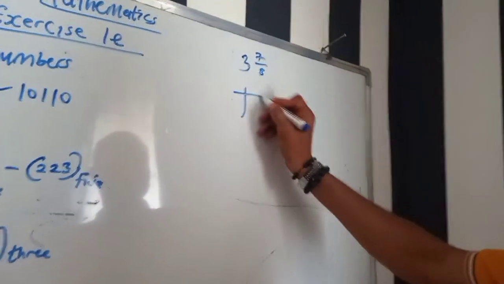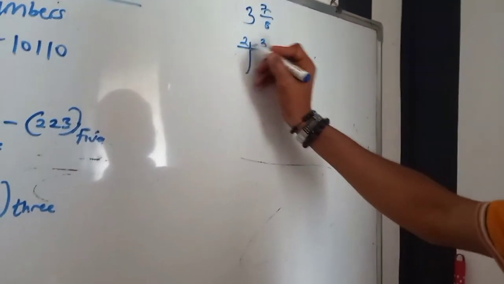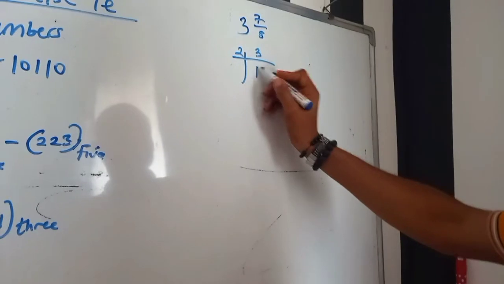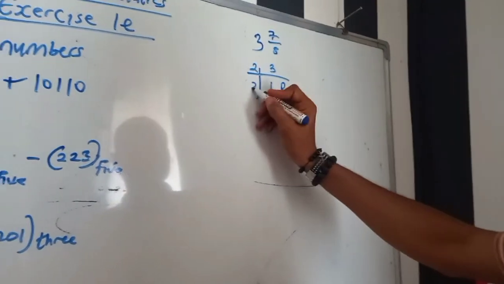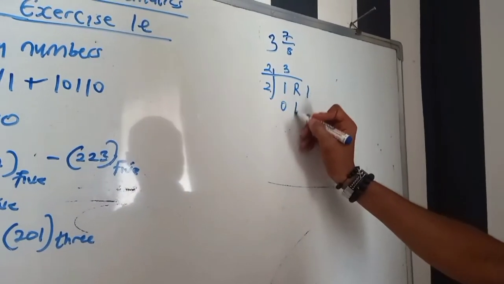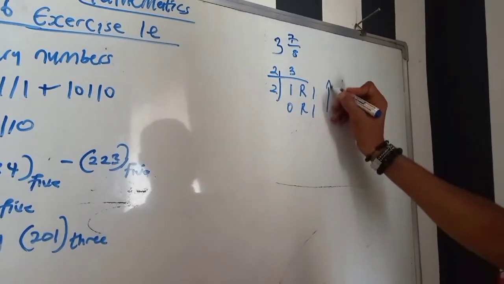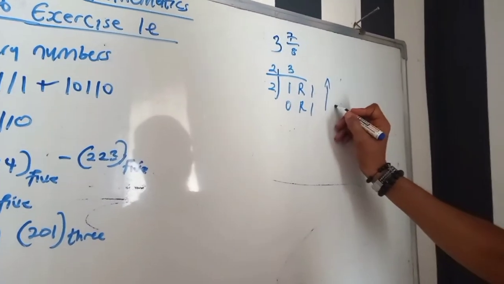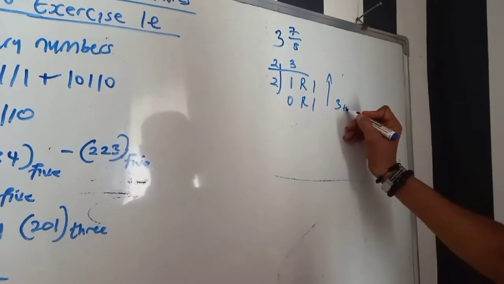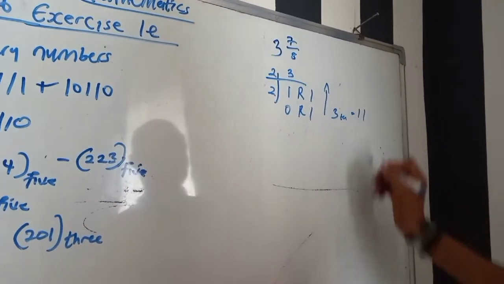That is 3. 2 going into 3 is what? 1, remainder 1. 2 going into 1 is what? 0, remainder 1. This is our normal method, which gives 11. So 3 base 10 is 11.